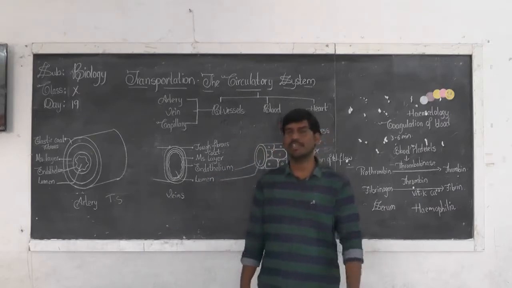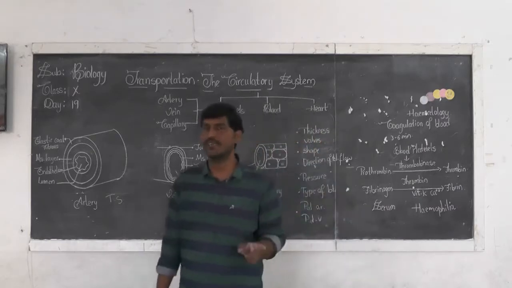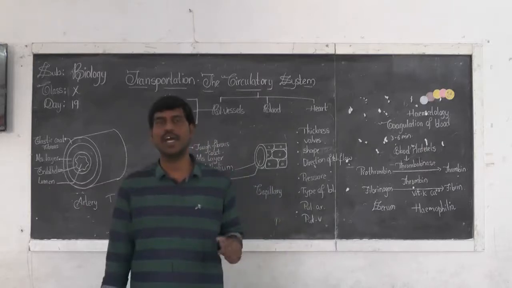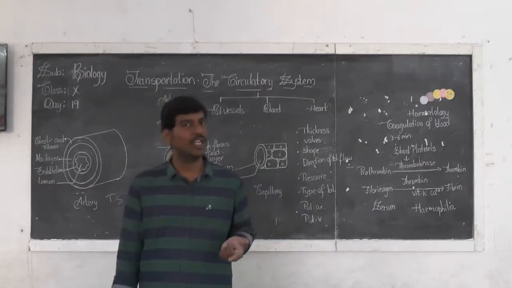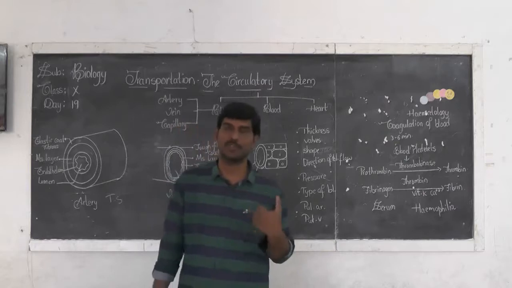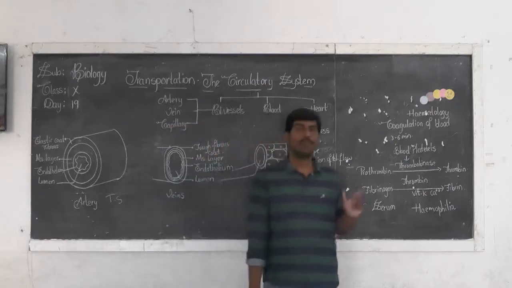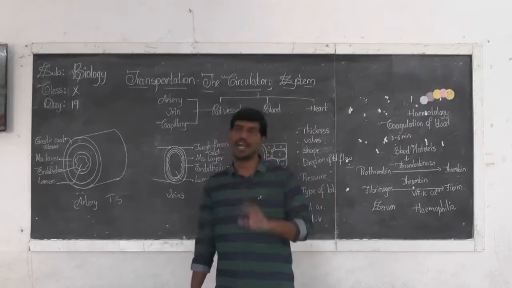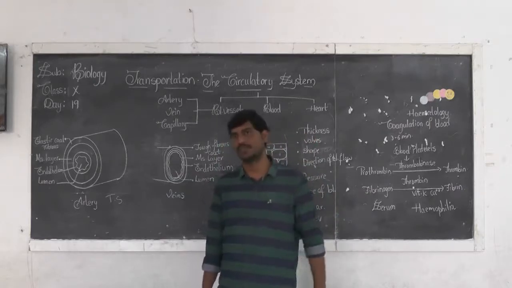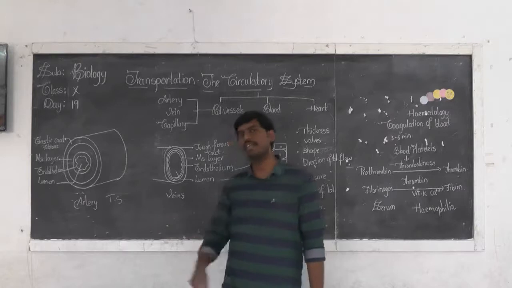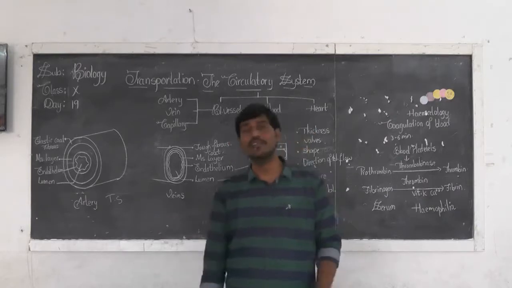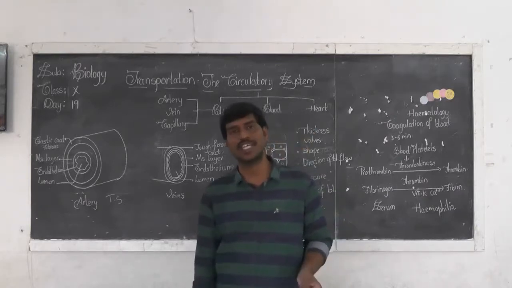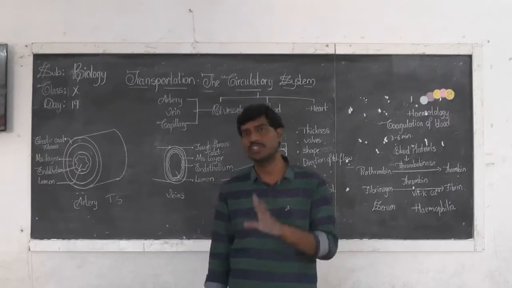Now, I hope you remember the superior vena cava and inferior vena cava bring blood to the right atrium, that means towards the heart. Pulmonary veins also bring blood towards the heart, towards the left atrium. So therefore we can define veins as the blood vessels which carry blood towards the heart.